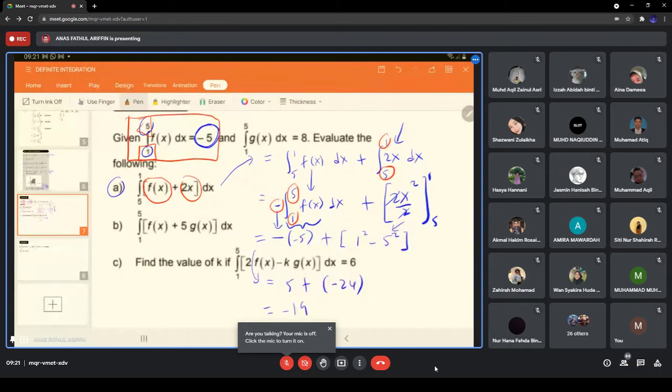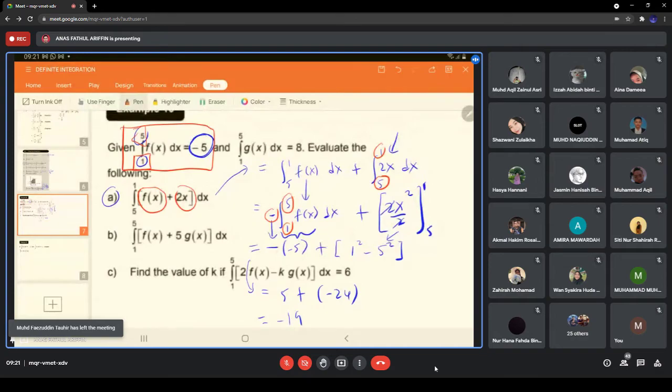Okay, so settle dah. And this one 2x ni, this 2x limit dia still from 5 to 1. Kita biarkan dia sebab kita tak nak tukar dia. Memang dia bagi limit tu 5 to 1.